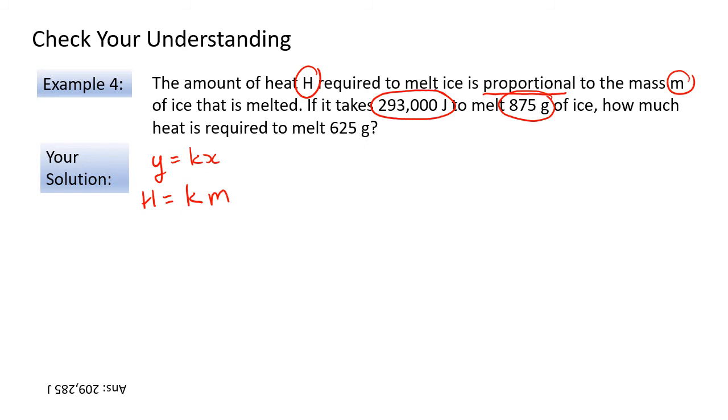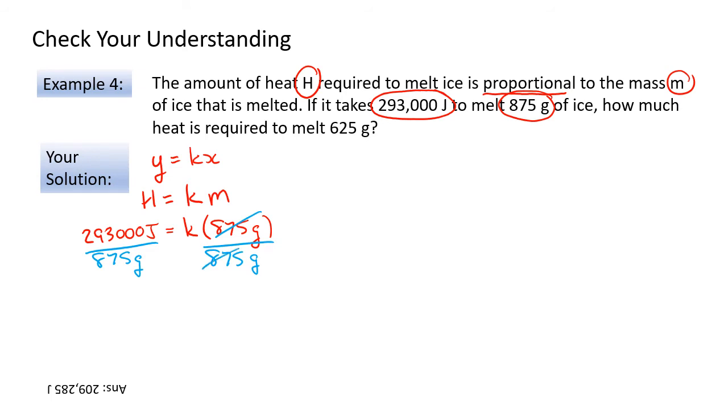In other words, H, 293,000 joules, is equal to K times 875 grams, the mass of ice. To solve for this, we can divide both sides by 875 grams so we can get K by itself.